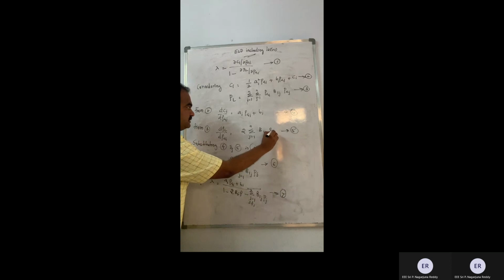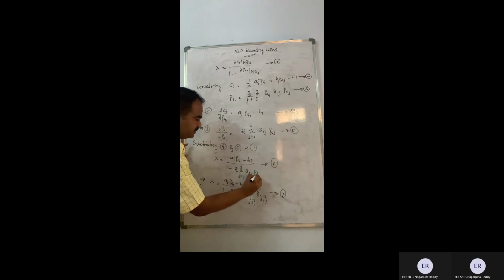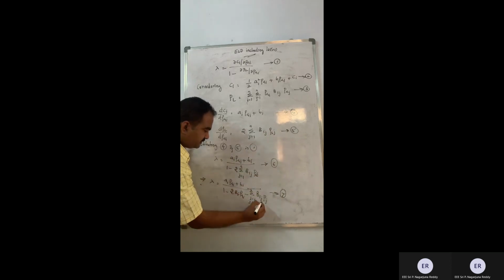I'll represent it as G here because this is power generation. Now, to make PGi the subject, you multiply this one here and separate PGi. So, what is the expression you will be getting at the end of this?